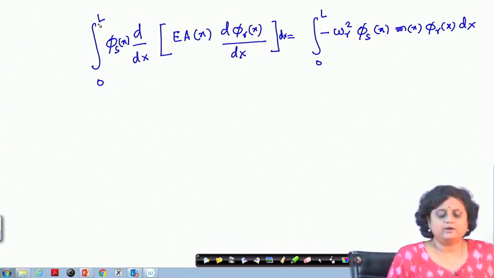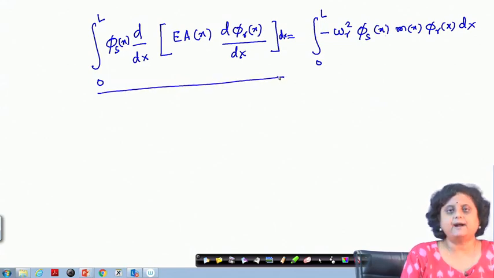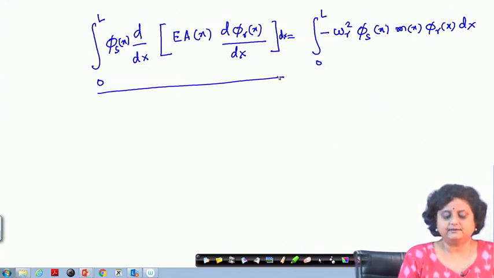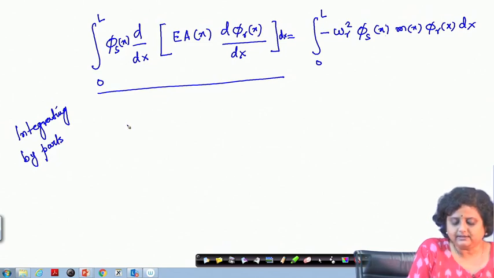Now, I am trying to evaluate this integral. So, what I do is that I integrate by parts the left hand side. So, integrating by parts, we get this as phi s x.